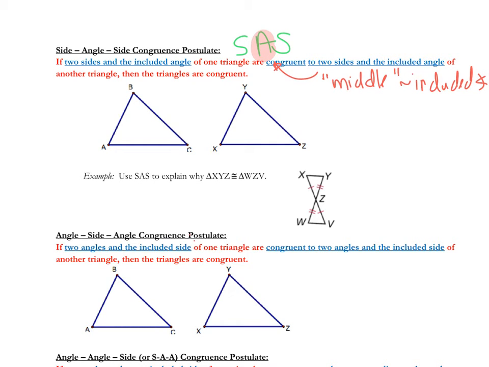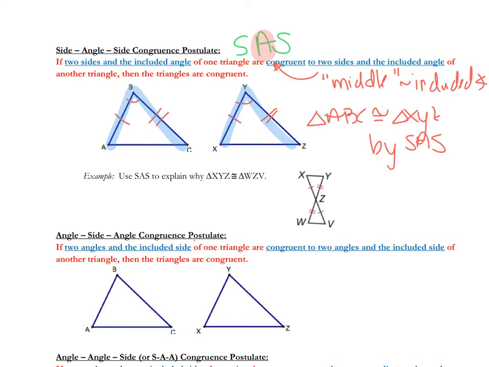Okay, so what that would look like when you proved it is that you have 2 sides congruent and then the angle in between the 2. So in this case, B is congruent to Y. So we would say that triangle ABC is congruent to triangle XYZ by SAS. Okay, you could not put the angle over here because it would not be included between the 2 sides. So sometimes it helps to actually highlight the 2 sides so that you can see where the angle needs to be.